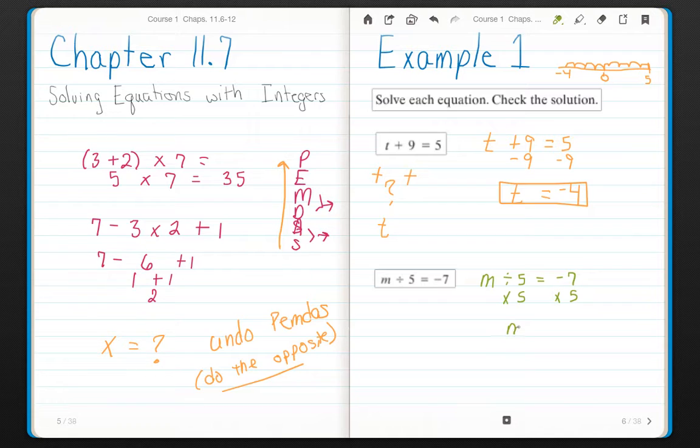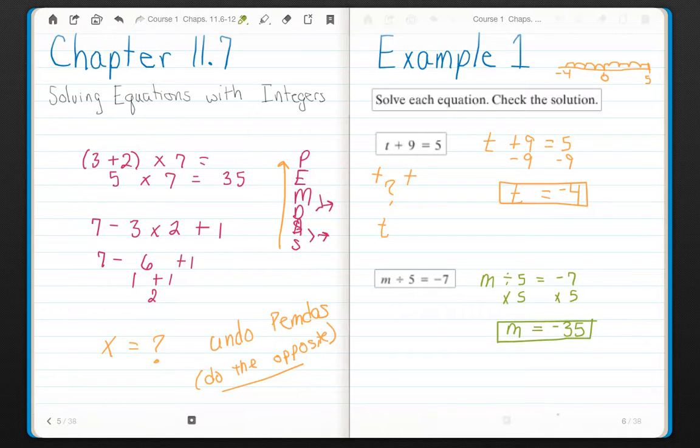That leaves me with m by itself. Negative 7 times 5 is negative 35. And I can ask myself, does that make sense? Well, negative 35 divided by 5 is in fact negative 7. So it does work. Now, notice how I'm writing them directly underneath. If I add 9 here, I'm subtracting 9 here. I want to see you do the same.